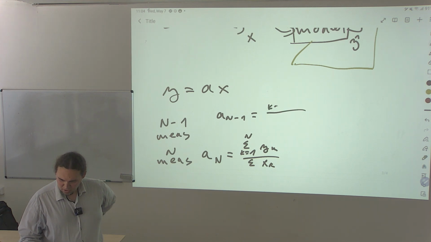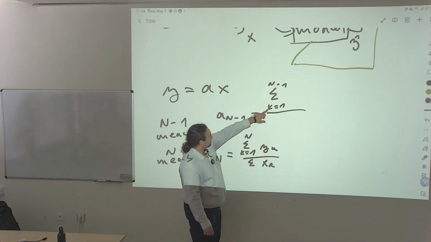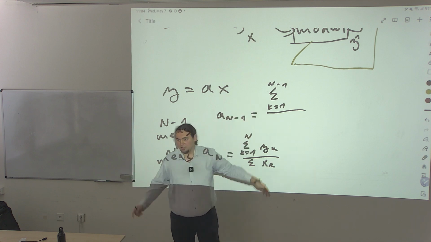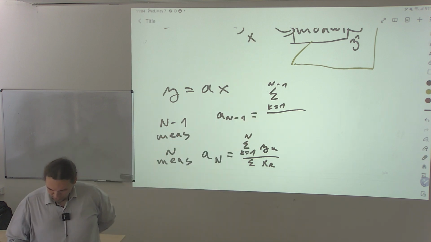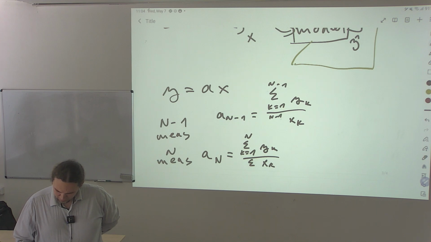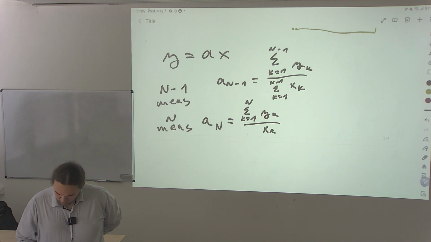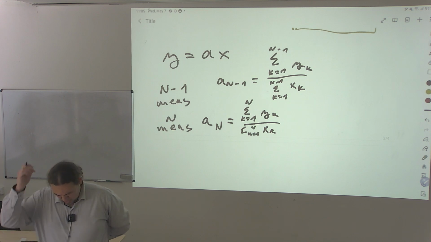We just have this sum going from k equal to 1, but not until n-1. We have one measurement less. Let's write down this properly. Sum of k equal to 1 until n.